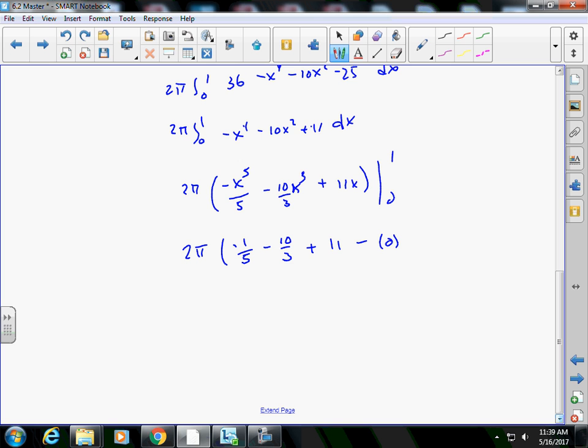And when I put 0 in for everything, I get just 0. I evaluate all that. I put it in my calculator if I have a calculator. If not, I do it by hand. I get 224 over 15 pi. And that's how we're going to do this.